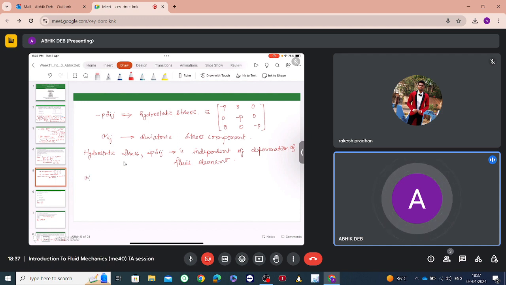And this sigma ij we have to find out now.